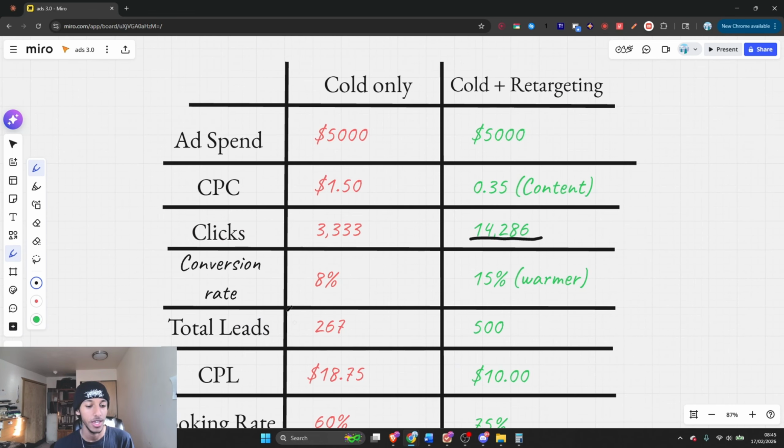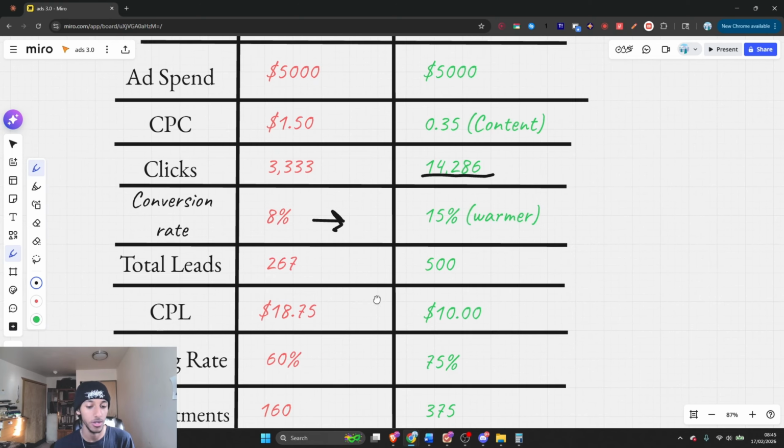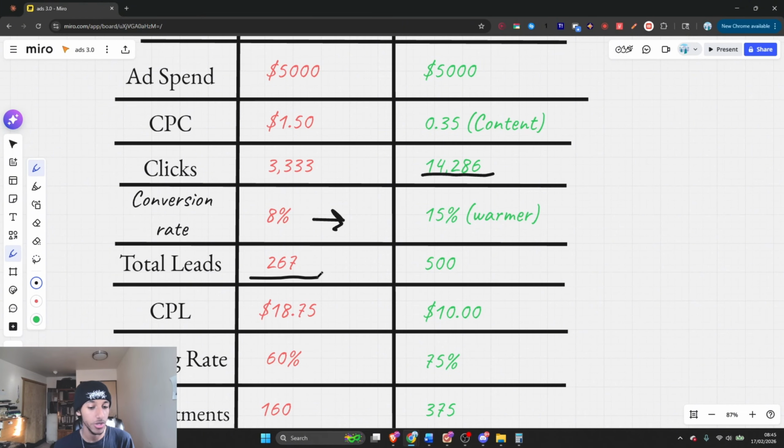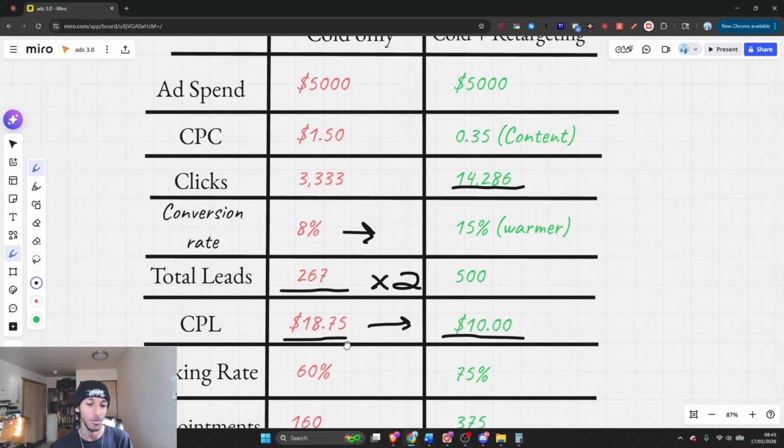Conversion rate also skyrockets, going from 8% to 15%. The total leads increased from 267 to 500, nearly 2 times more in total leads. Cost per lead goes down from $18.75 to $10. The craziest thing about this is that this is the benchmark that we tried to hit in the previous videos, but now it can go even lower to $10.